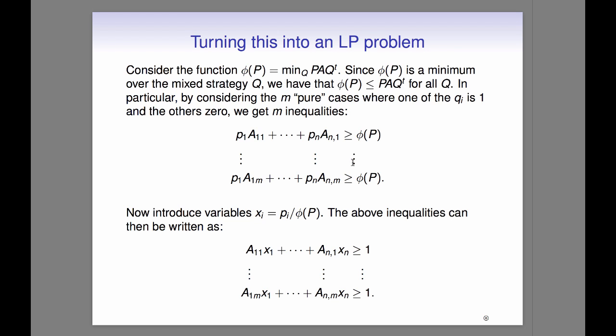And then the inequalities we have here can now be written in this form. And now these inequalities really are linear. The problem before was we really didn't know anything about the function phi, particularly we didn't know whether it was linear or not. But now we've got a linear set of inequalities.